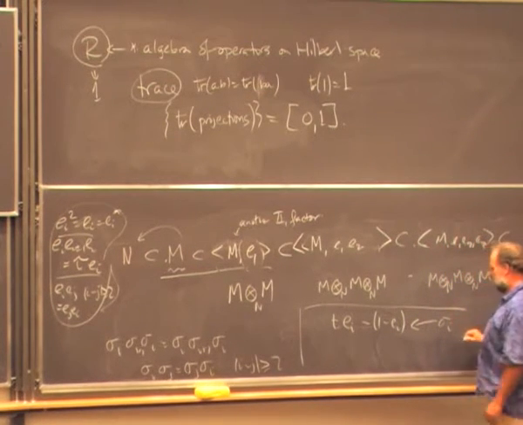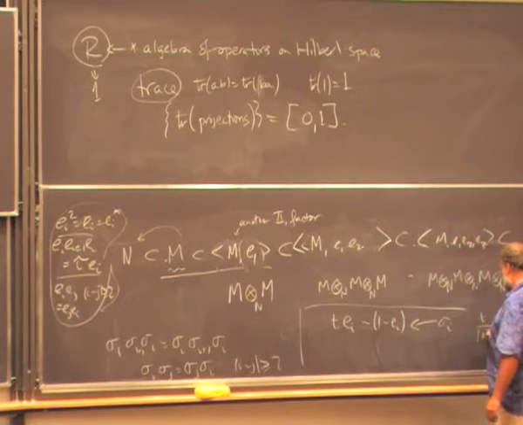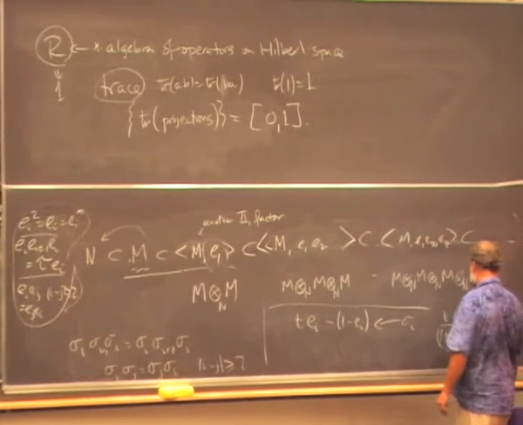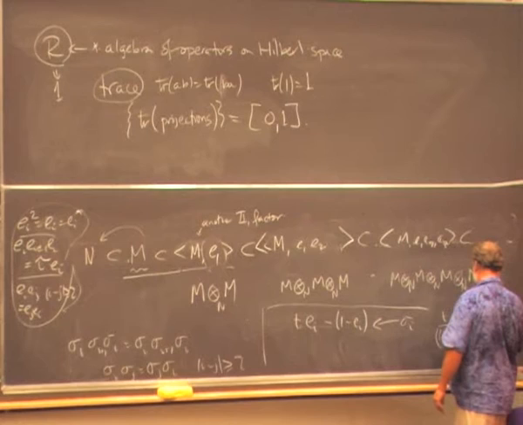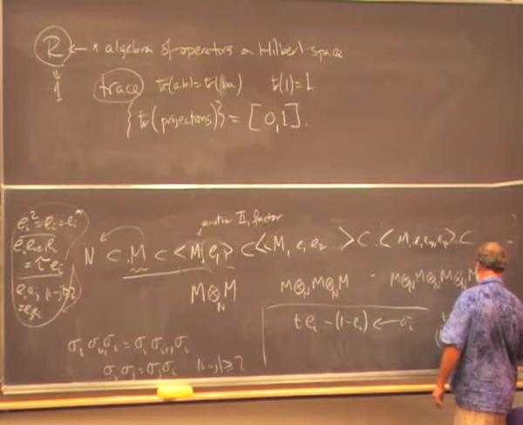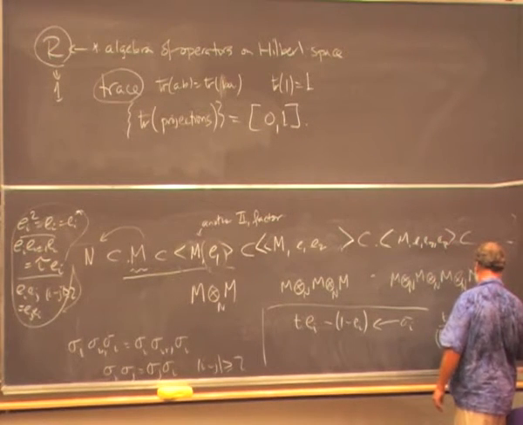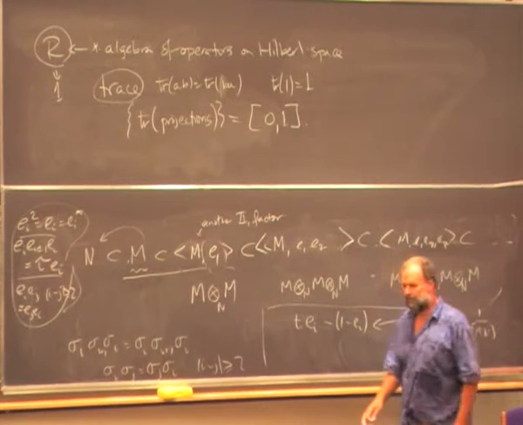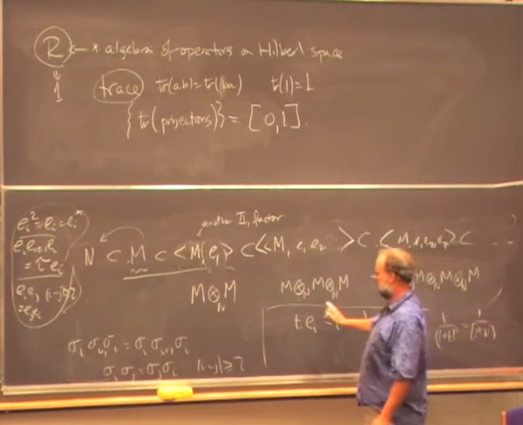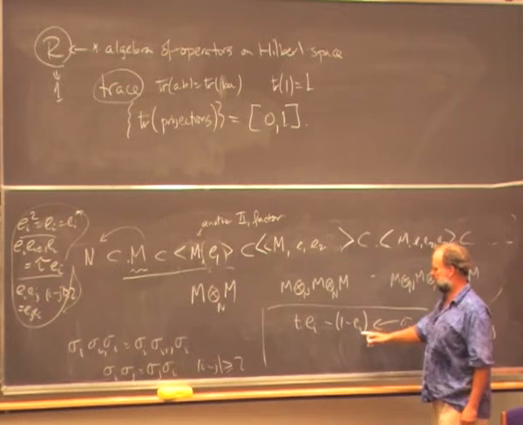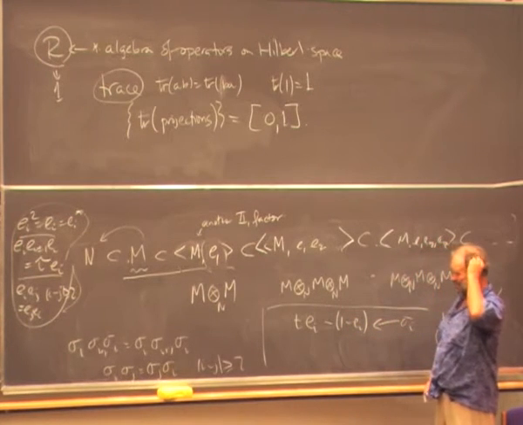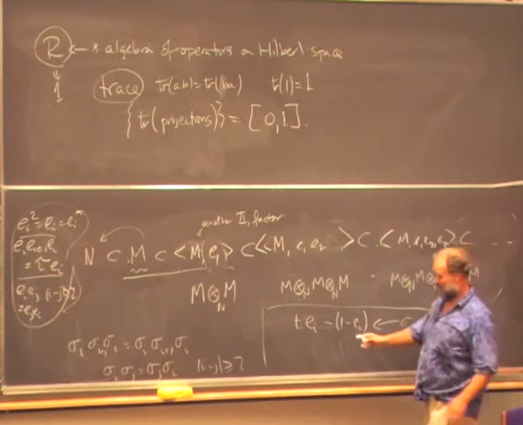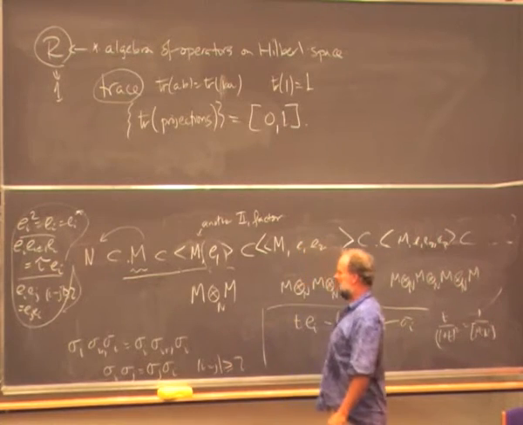then if you choose t correctly, these operators inside this Temperley-Lieb algebra, where this is the identity, actually represent the braid group. These relations are satisfied.